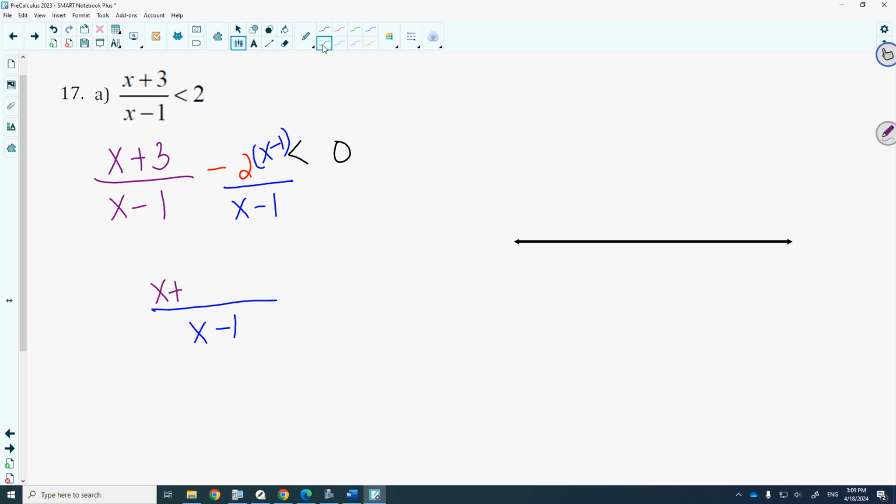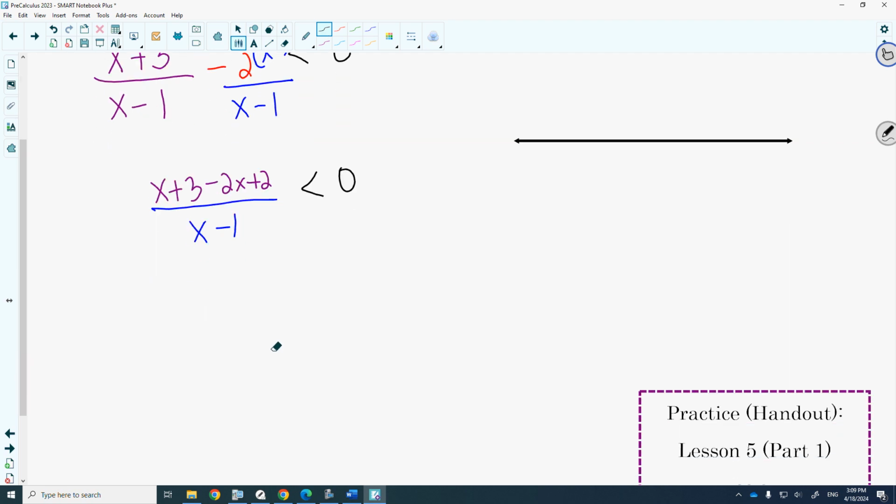So we've got x plus 3 minus 2x plus 2. Join your like terms in the numerator. x minus 2x is negative x plus 5, over x minus 1, less than 0.